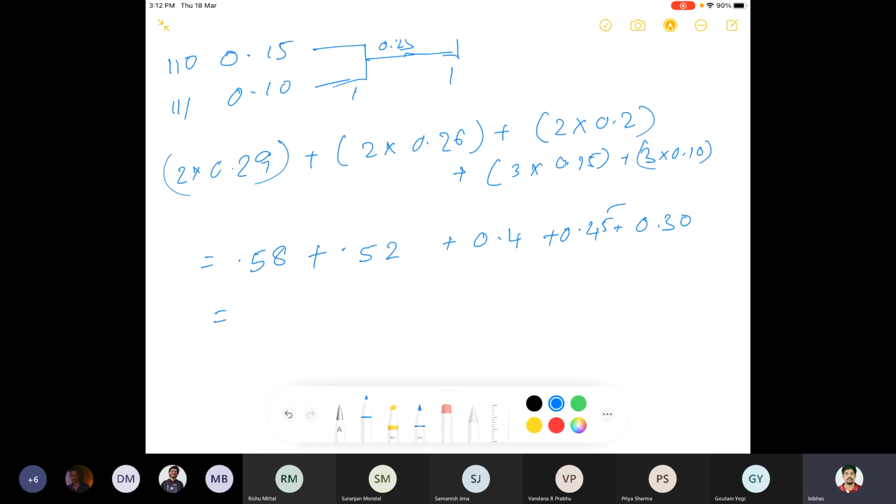So this will be 5 plus 2 plus 8, so 15. And 5, 1. So 3, 7, 7 plus 4, 11, 11 plus 5, 16. 16 plus 6, 22. Okay, 2.25 is the answer.